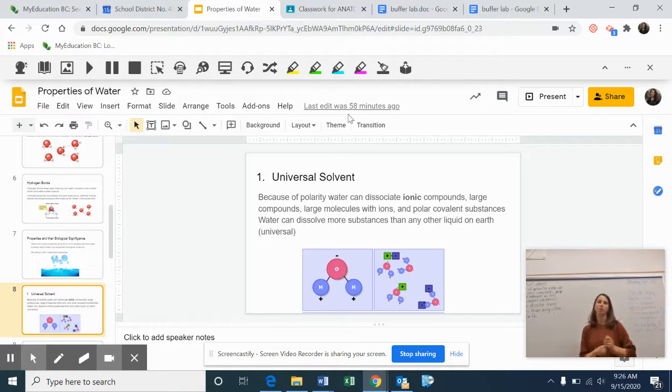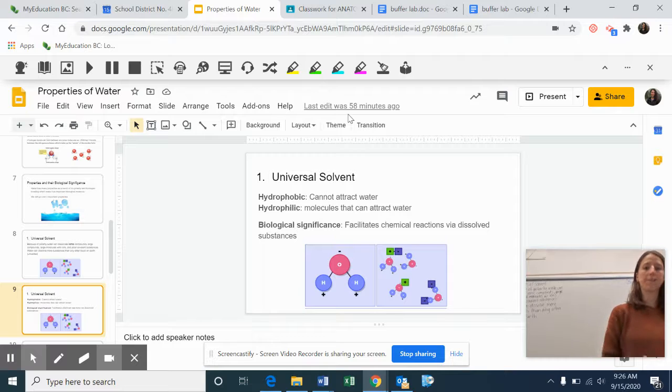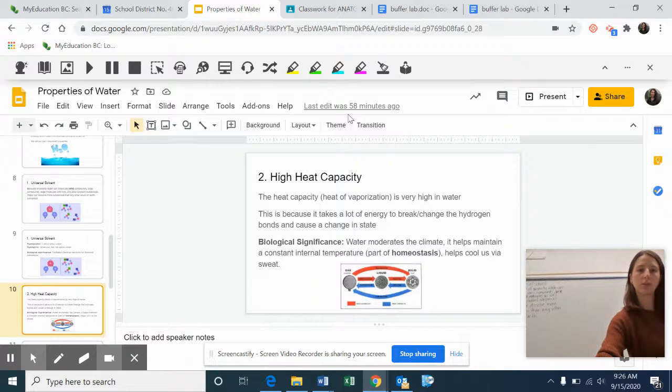Water can dissolve more substances than any other liquid on the planet. So that sounds like a good thing to have in your body, right? Where you want to be moving things around. Okay. I have that down twice.